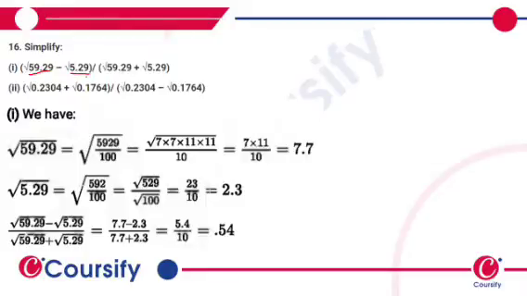So for 59.29 we can write it by removing the decimal and taking the 100 in the denominator.